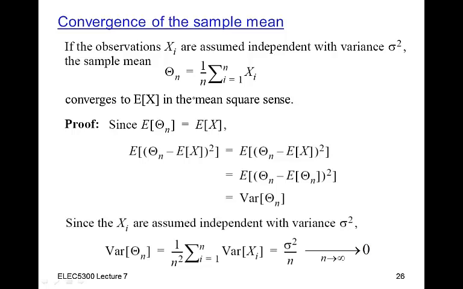Another way of saying this is that as n increases, the variance of the sample mean estimate of the mean goes to 0.